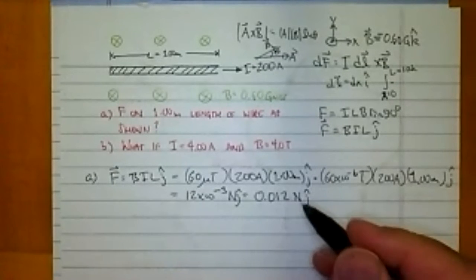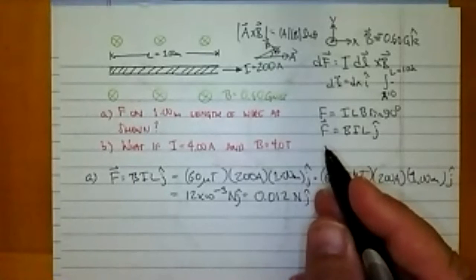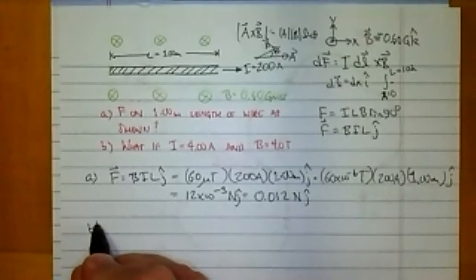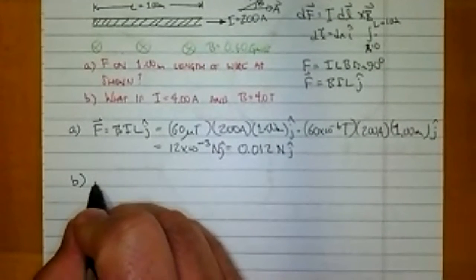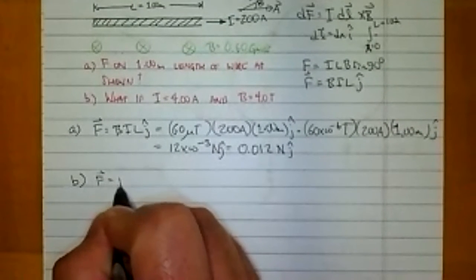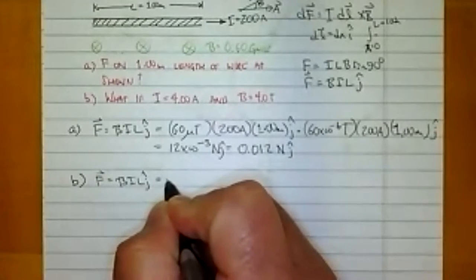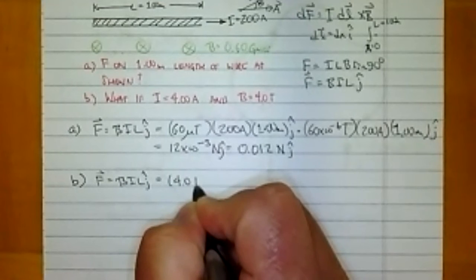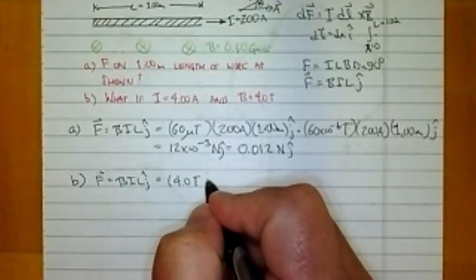Now, again, that's 200 amps going through a really weak magnetic field, but still a pretty big amperage. Let's look at the same length of wire, but this time going through an MRI device and only carrying 4 amps. In this case, we're still going to get F equals BIL J hat, only this time our magnetic field is 4.0 Tesla. That's the upper end of the typical range of an MRI device.